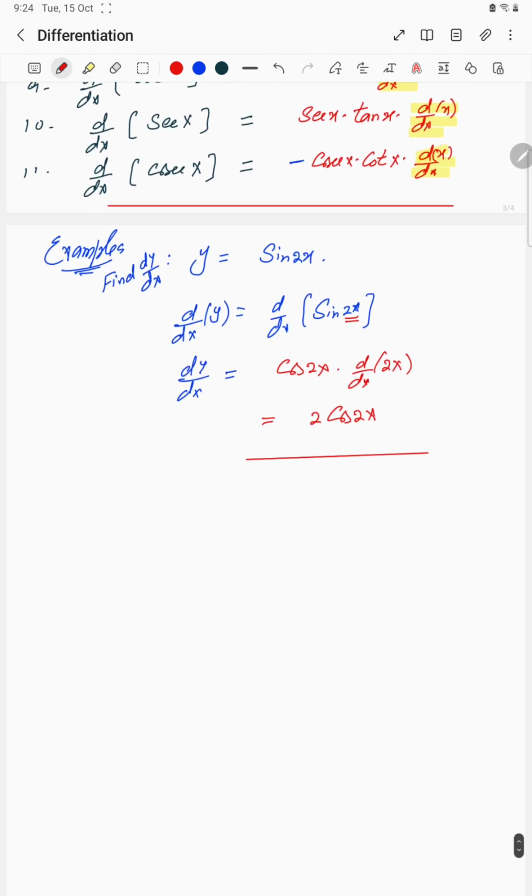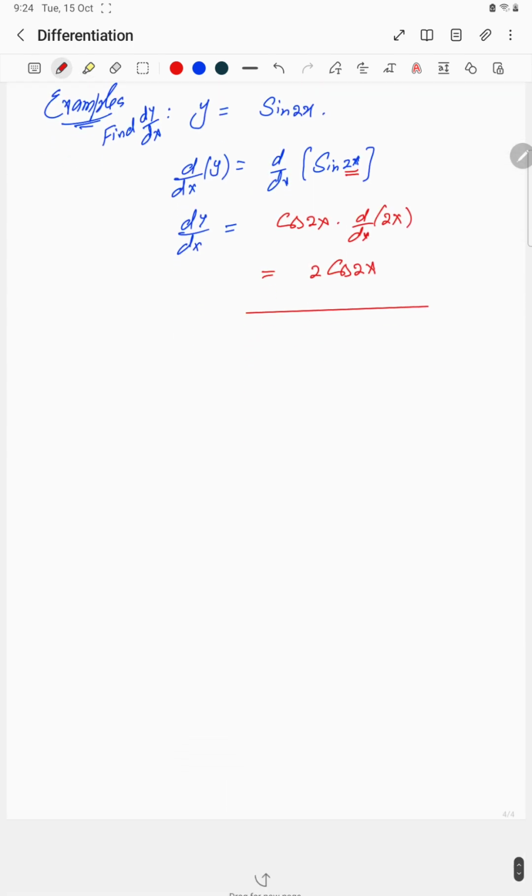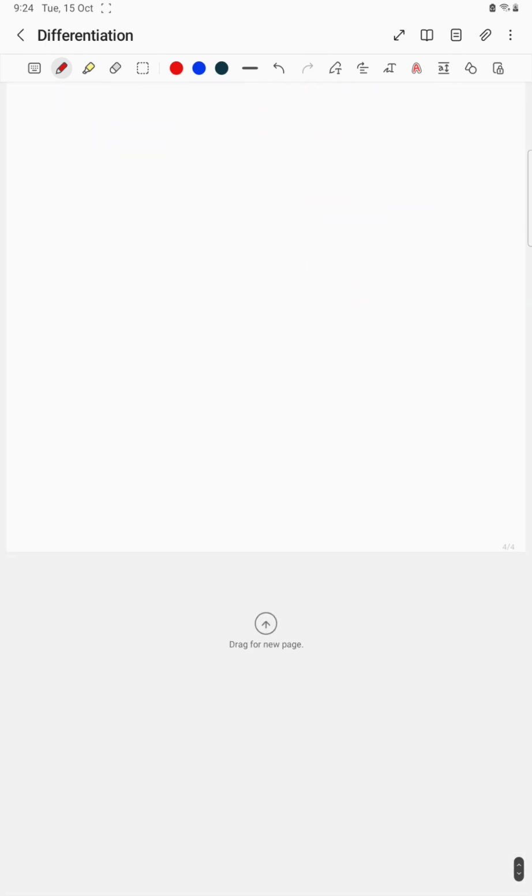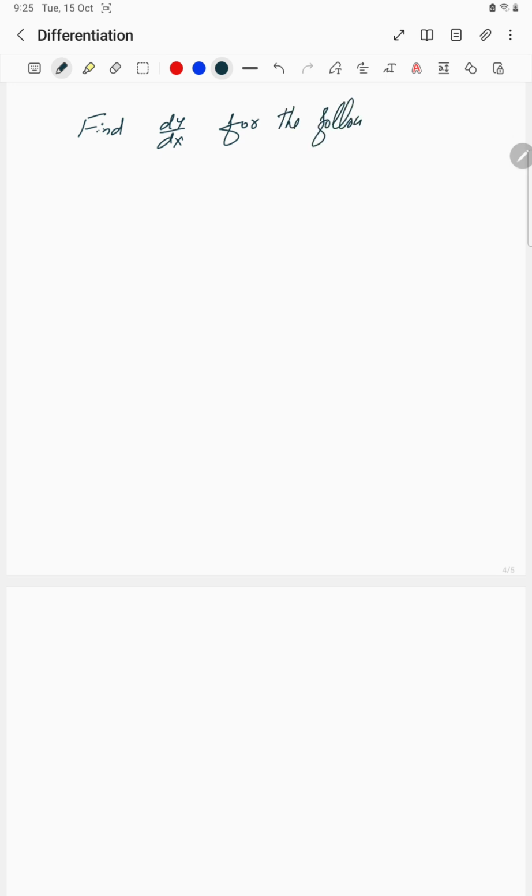Now we are going to do some questions based on multiple uses of all these rules. Here, find dy by dx for the following. This is a general question.